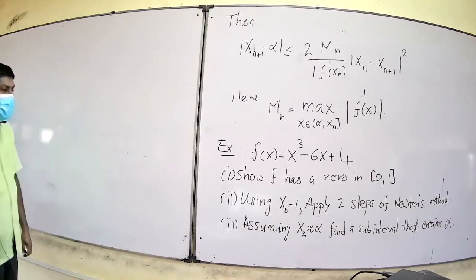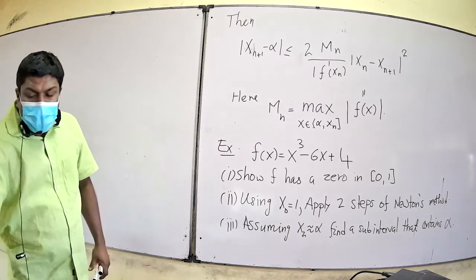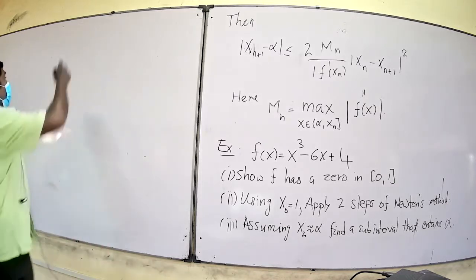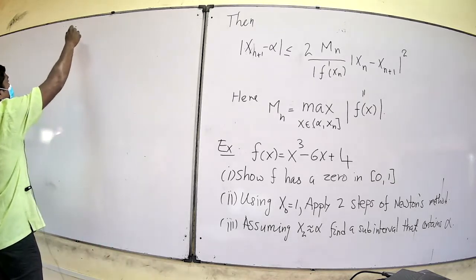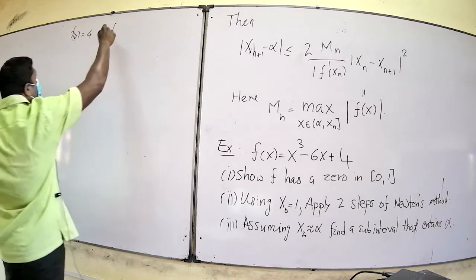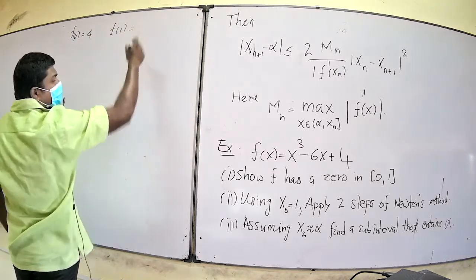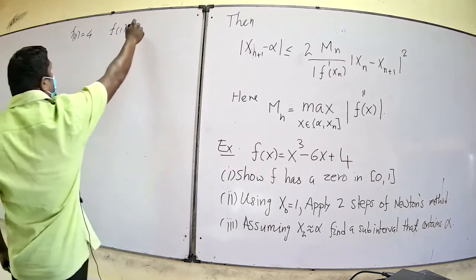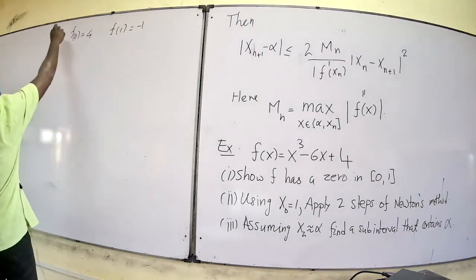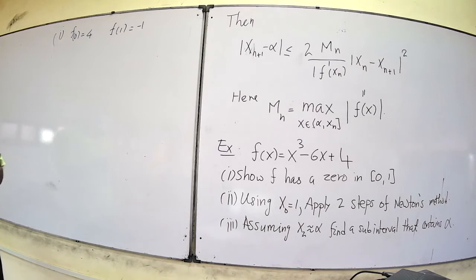First part is easy. You have to show that this has a zero in the interval. You know f at 0 is 4 and f at 1 is equal to minus 1. So that part is easy. If you show that f at 0 is 4 and f at 1 is minus 1, then this has a zero between 0 and 1.